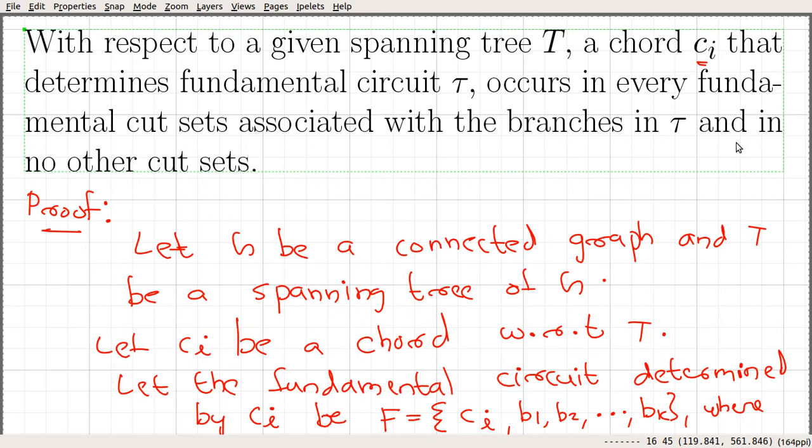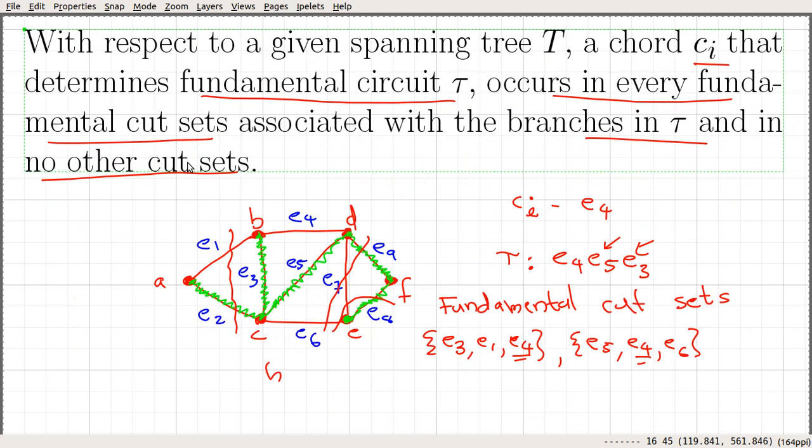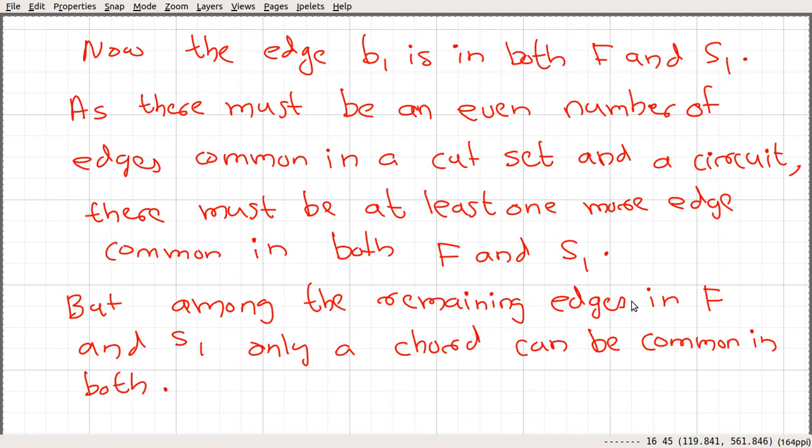Next we have to prove that it does not appear in any other cut set. But among the remaining edges in F and S1, only one chord can be common in both.